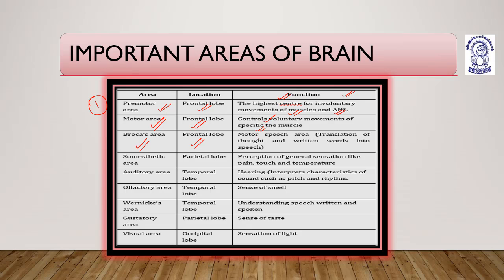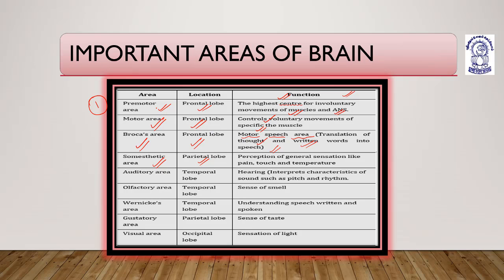It helps in translation of thought and written words into speech. So it is known as motor speech area. Broca's area is sensory motor speech area. It helps in the translation of thought and written words into speech. Understood? Then somesthetic area is located in the parietal lobe.